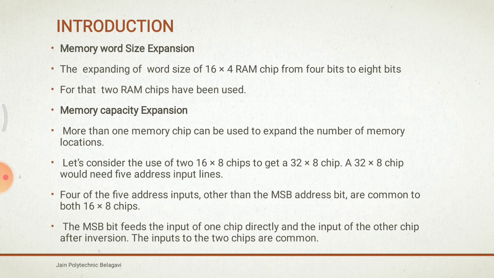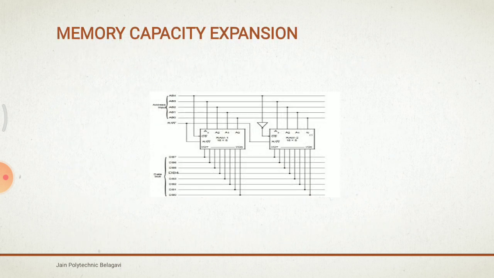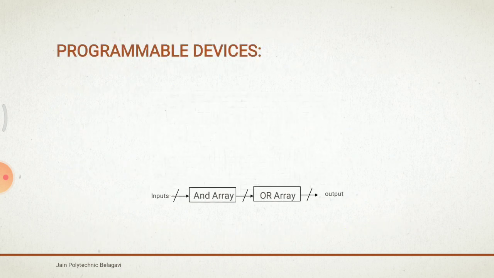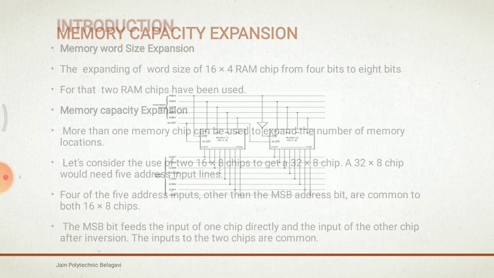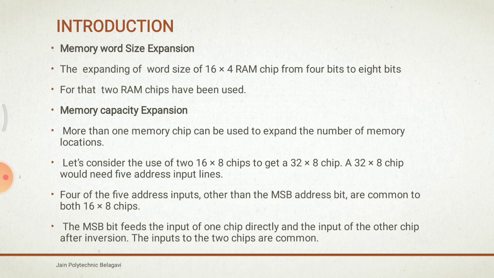Memory capacity expansion means you are going to increase the capacity of the memory. More than one memory chip can be used to expand the memory size. See here, for example, 16 cross 8 chips.